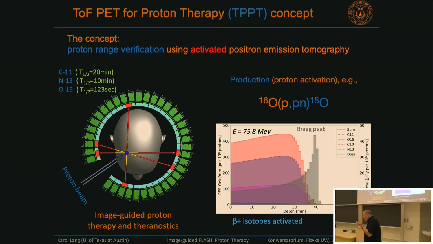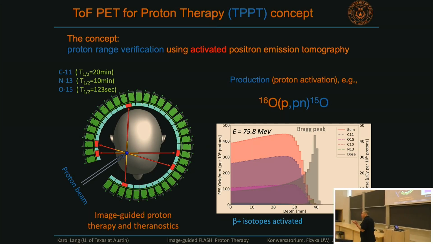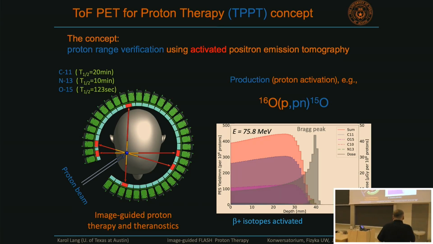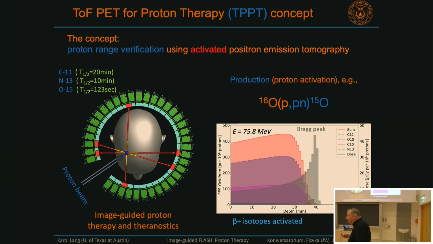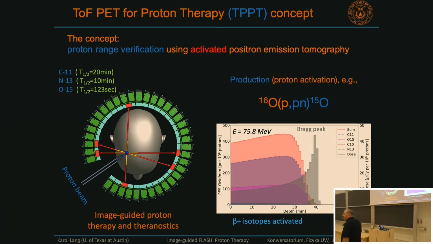The energy dependence of the cross-sections for creating the isotopes that beta plus emit happens actually all along the entry into the tissue or into the body, and they are created throughout and essentially peter out at the end where there is no energy, so the beam cannot create beta pluses anymore.